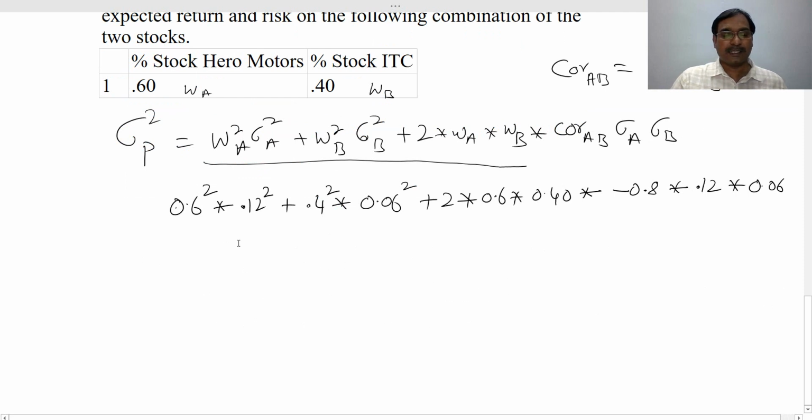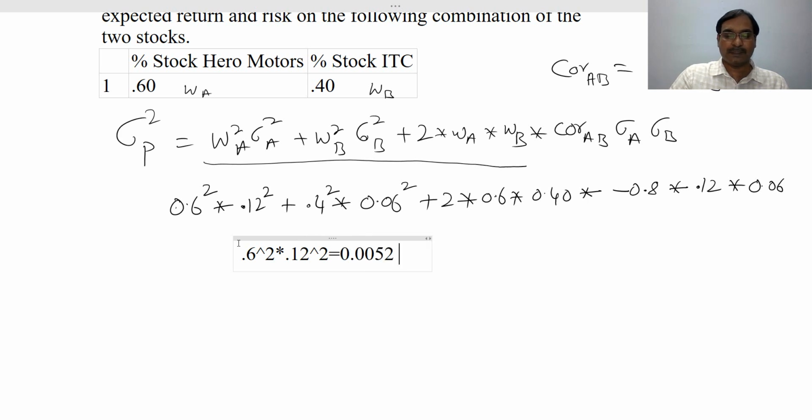Then our calculation is 0.6 raised to the power of 2 times 0.12 raised to the power of 2, then 0.4 raised to the power of 2 times 0.06 raised to the power of 2, then 2 times 0.6 times 0.4 times minus 0.8, this is the correlation value, times the standard deviation of A, 0.12, times the standard deviation of B, 0.06.